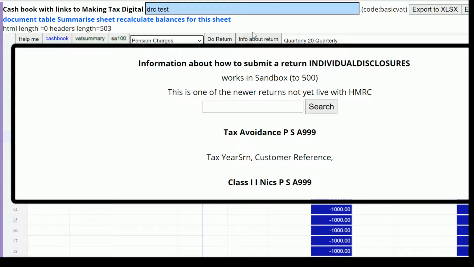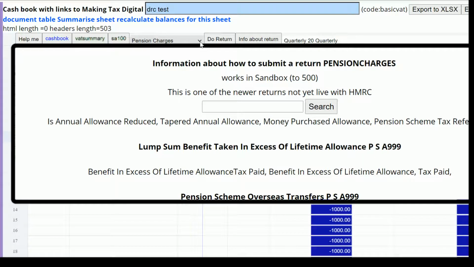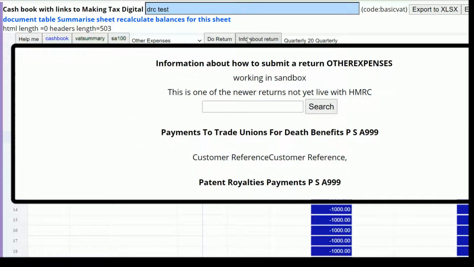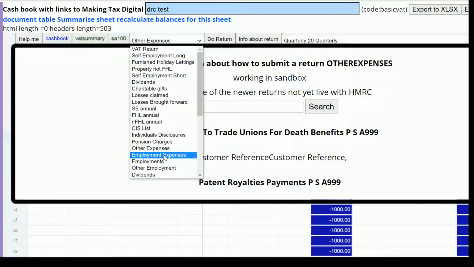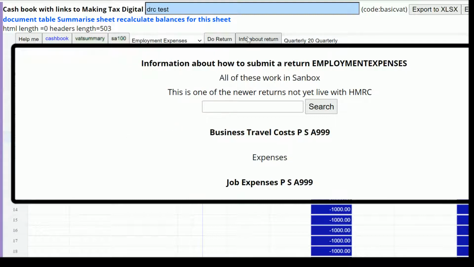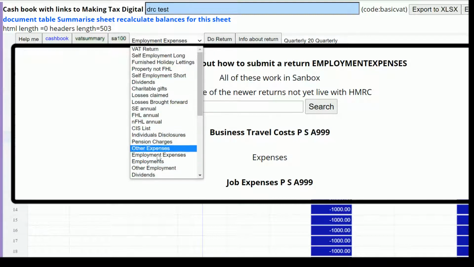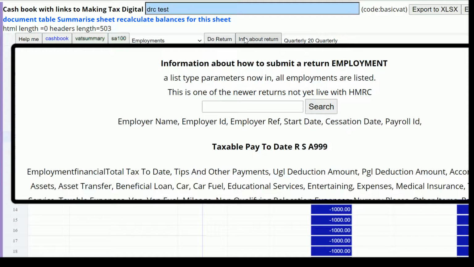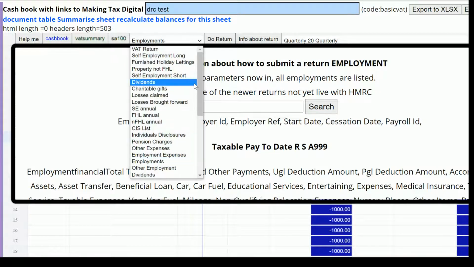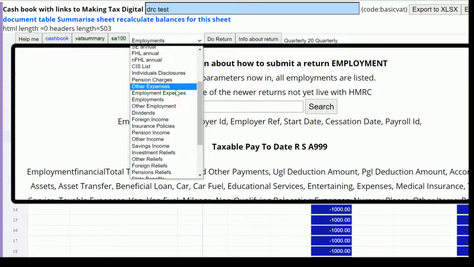We have pension charges, so what you might have got with pensions on lump sums and everything. Other expenses, as you can see there. Employment expenses where relevant. Employments, what income you've had from employments. Again, this is a reconciliation one, so if their information is correct and you accept it, then you don't need to put that in.